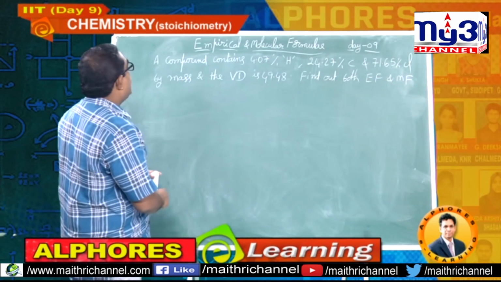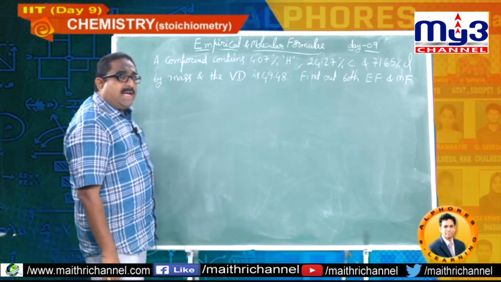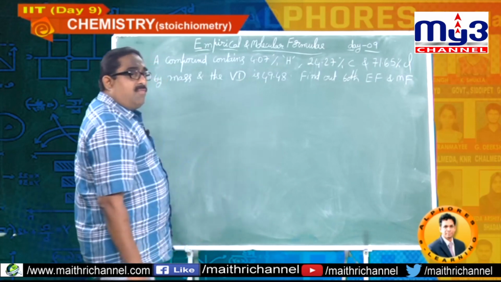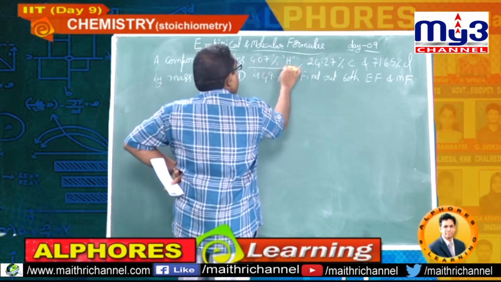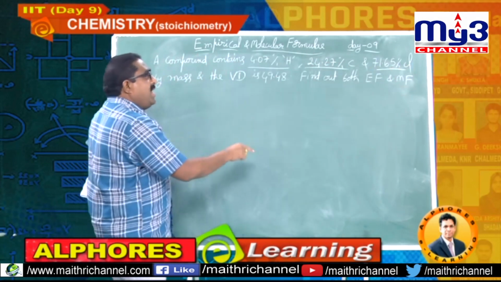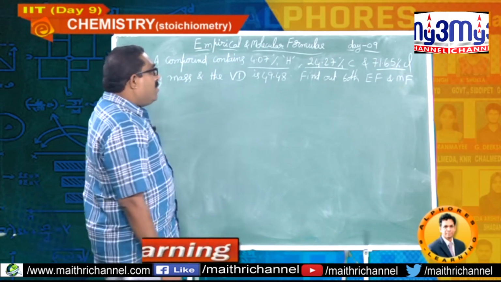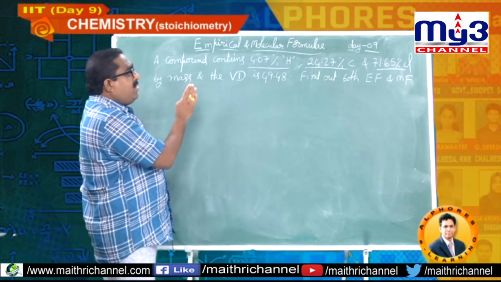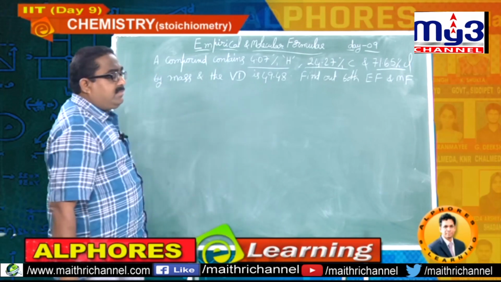Now, there is a systematic procedure to deduce the empirical formula if you are given the percentage composition of respective elements present in that compound. In this question, he has given the mass percent of hydrogen, carbon and chlorine.